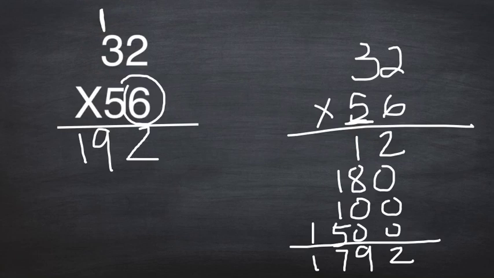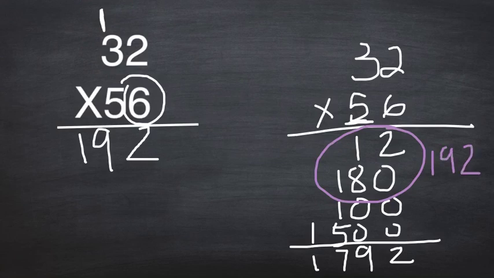If you look over here, when I did 6 times 2 was 12 and 6 times 30 was 180, when I add those two parts up, I get an answer of 192. Before I move on, I'm just going to erase what I carried, so that way it doesn't confuse me for my next step.